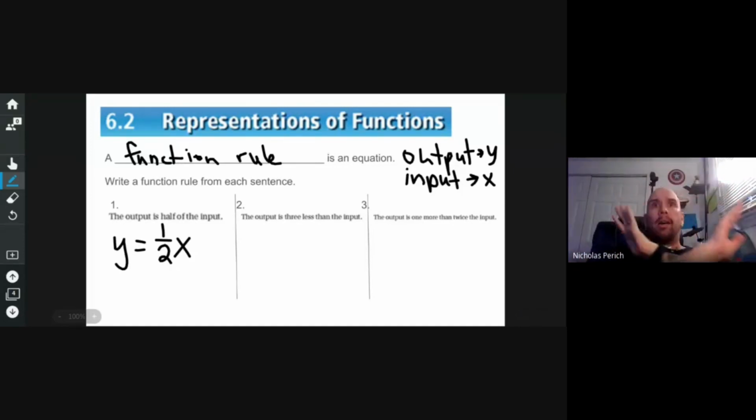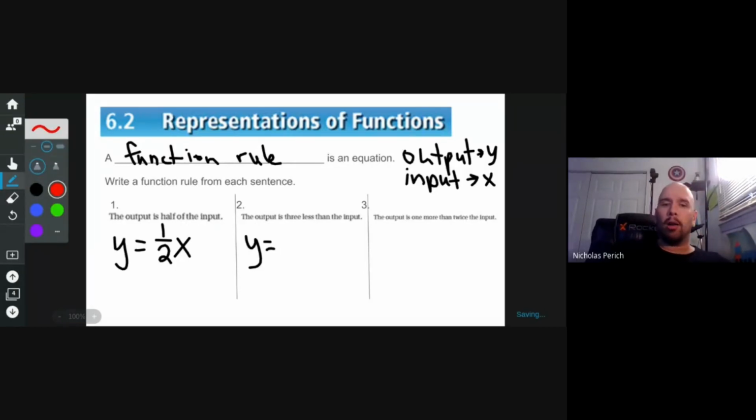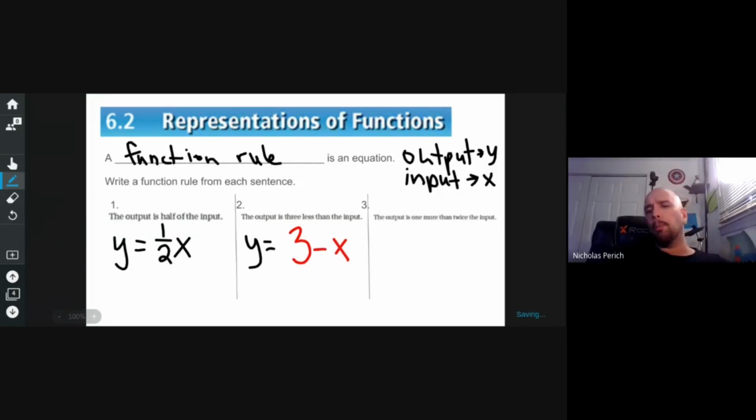Done. Done. The output is 3 less than the input. This one's tricky. The output is Y equals. Now, I know what you're thinking, and I'm going to write it in red, and red means wrong. 3 less than the input. But that doesn't make sense.